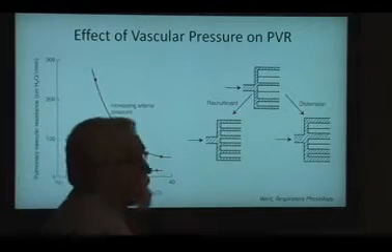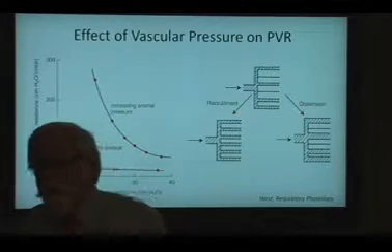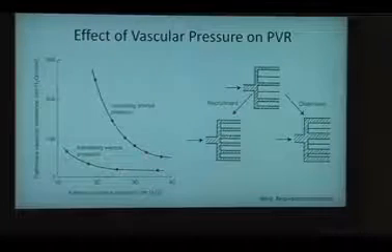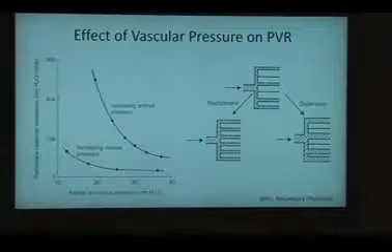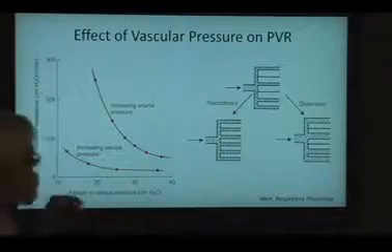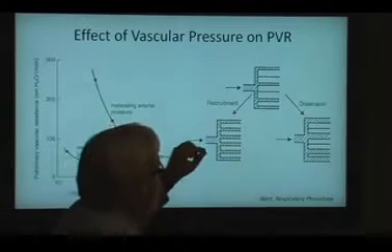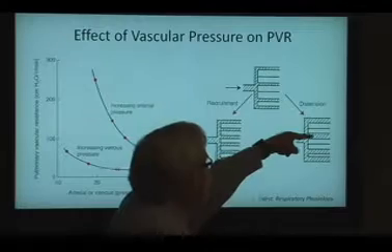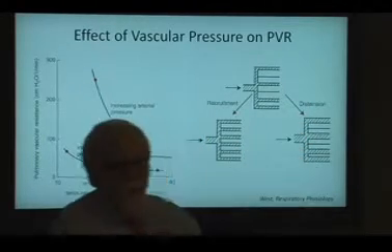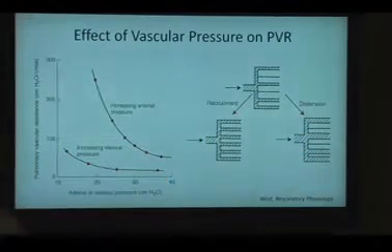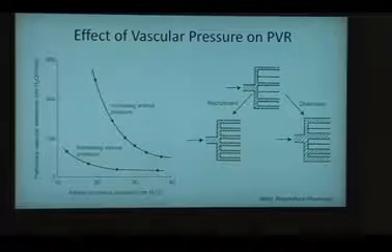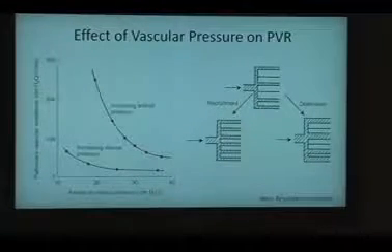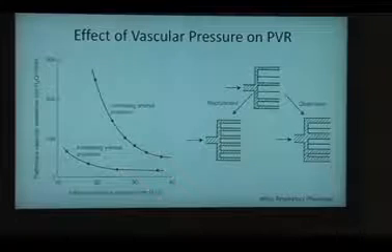And then the other thing that happens is that pulmonary blood vessels, because they do not have a lot of smooth muscle, are very distensible. So if we increase the pressure inside of the pulmonary vasculature, that causes dilation of the pulmonary vasculature, which again increases the cross-sectional area for blood flow.